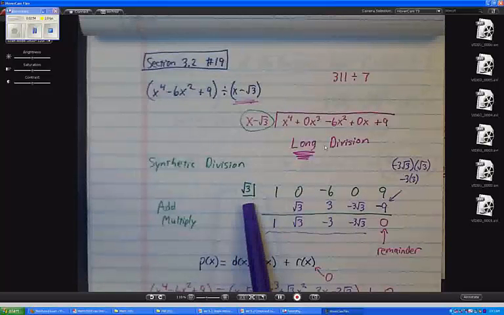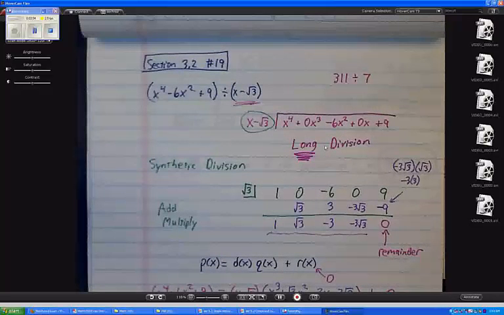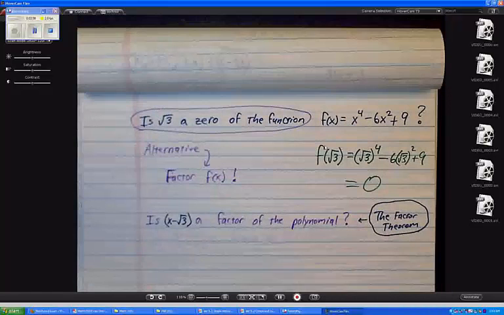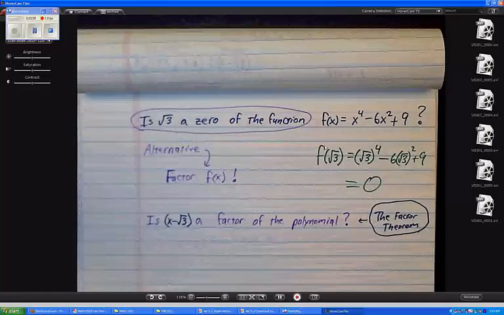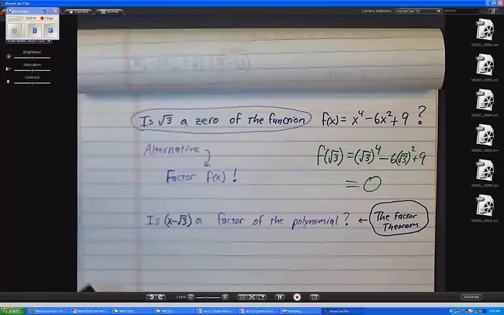I do my synthetic division, and I check that I have, what? No remainder. But the nice thing is that tells me not only that x minus square root of 3 is a factor, but it also tells me that square root of 3 is a 0. Do you follow? Barbara, go ahead.